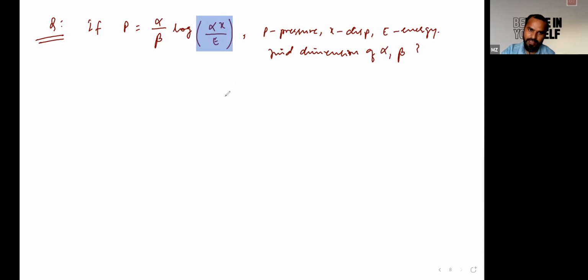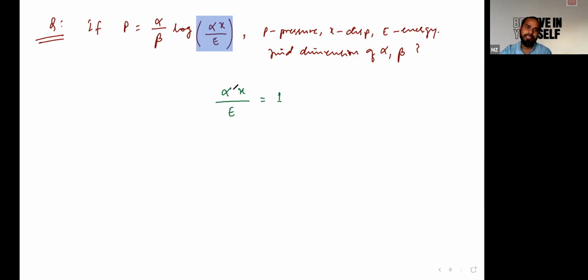So just see in this particular expression, you have to equate alpha times x divided by e to 1. Since you have to calculate this particular alpha, tell me what is the first step we have to do to obtain alpha. We have to first shift these two terms to the other side.